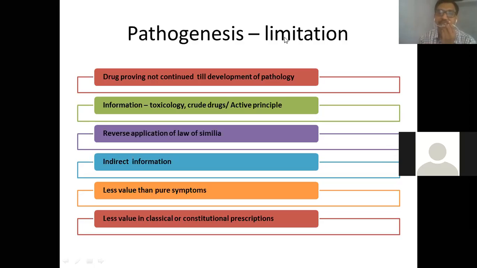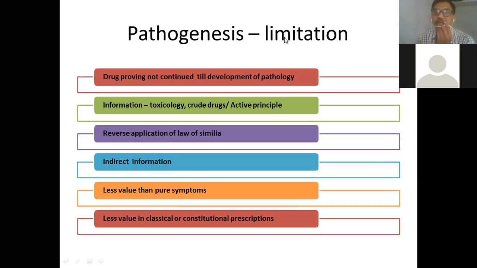But there is a limitation: if we carefully study the drug proving procedures, homeopathic drug provings are not continued until the development of any pathology. So if the materia medica mentions that it is in the pathogenesis of Arnica montana to produce suppuration, and therefore it can prevent that suppuration pathology, this information is a half truth.